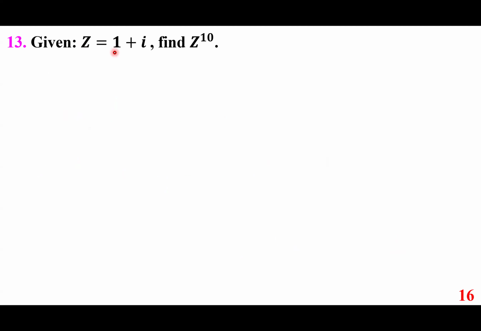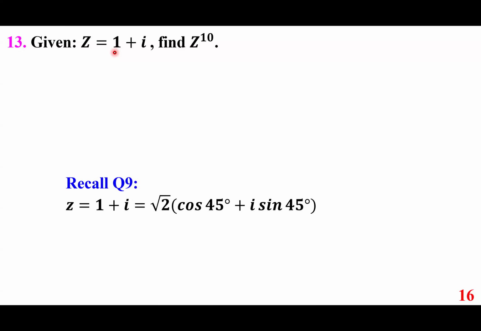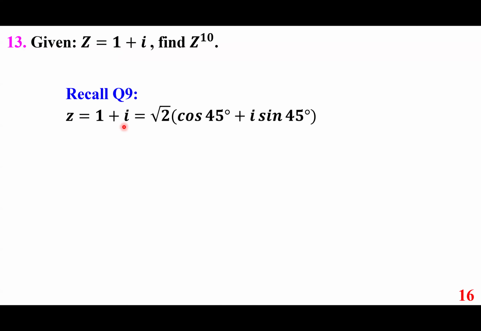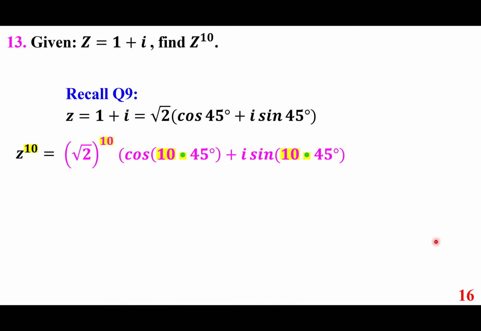Given z equals 1 plus i, find z to the power of 10. To find z to the power of 10, we are going to go with De Moivre's theorem. To do that, I want to remind everybody, if you go back, we did 1 plus i equals square root of 2 cosine of 45 plus i sine of 45. You can go back to question 9 and find it. All right, so z to the power of 10 follows De Moivre's theorem. Square root of 2 to the power of 10, and then cosine, you multiply each angle by 10.